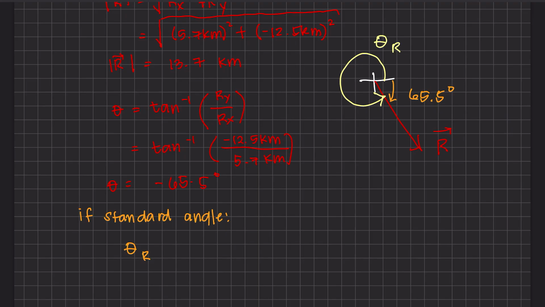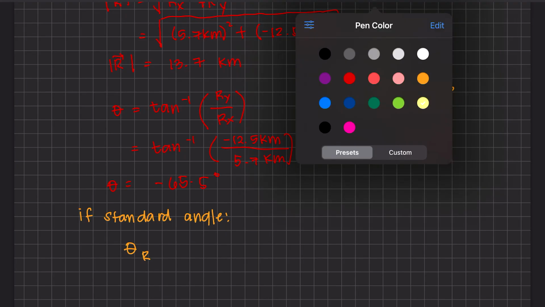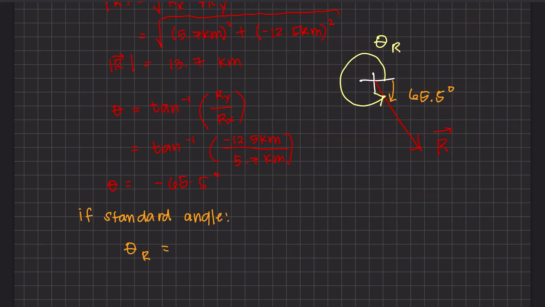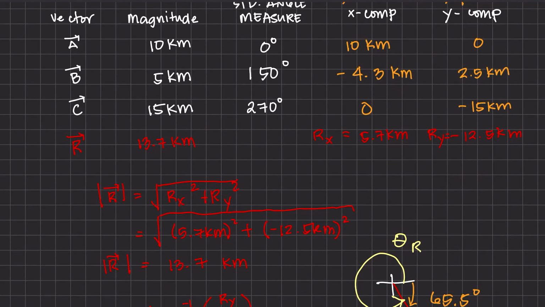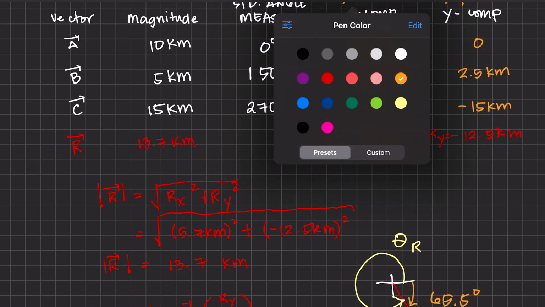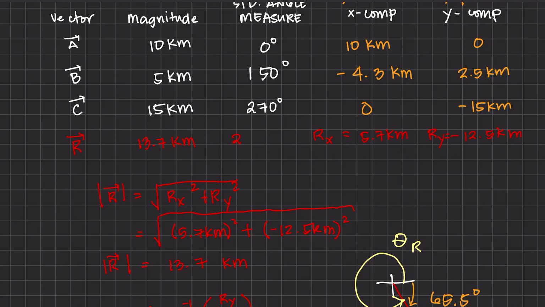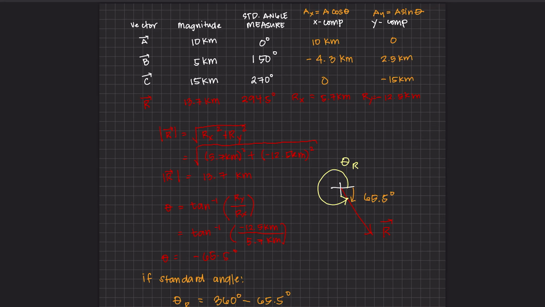That's theta R in standard. So, in order for us to solve the theta R, that is just 360 minus 65.5 degrees. So that is 294.5 degrees. So our standard angle measurement now is 294.5 degrees.